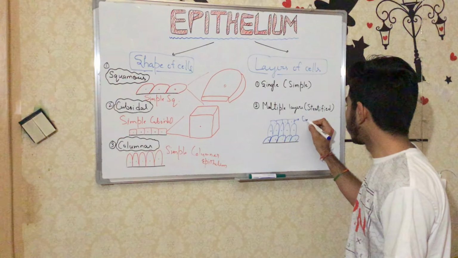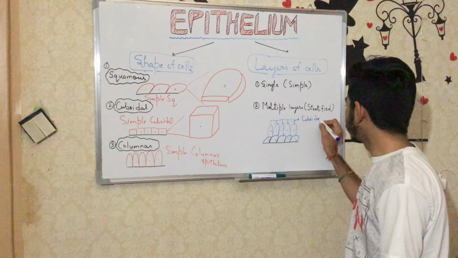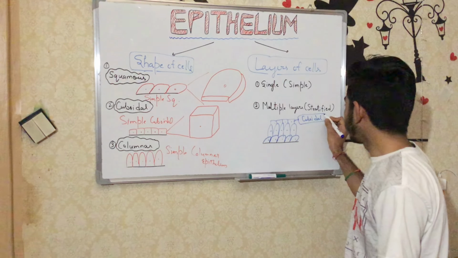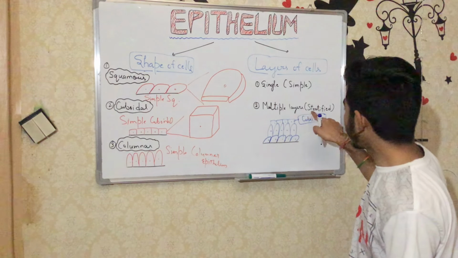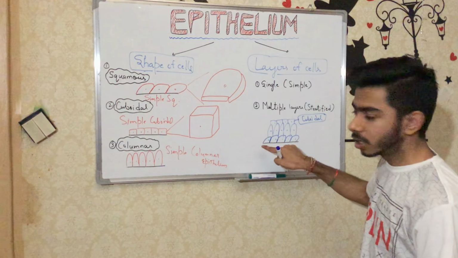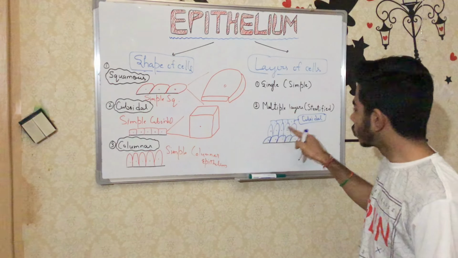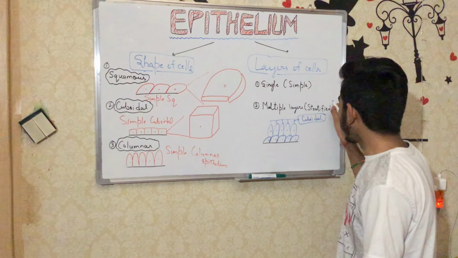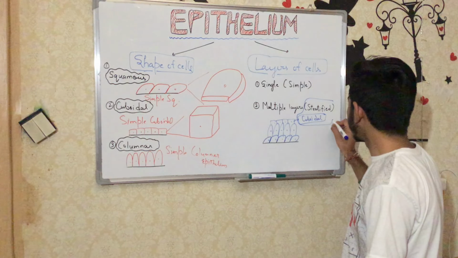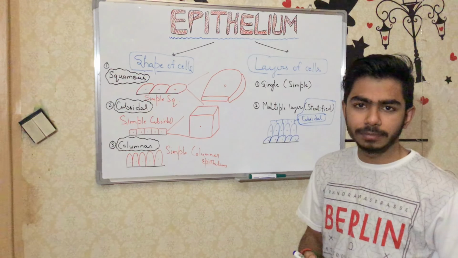So it is stratified because of the multiple layers, and on top of it are the cuboidal cells. So this is the stratified cuboidal epithelium.